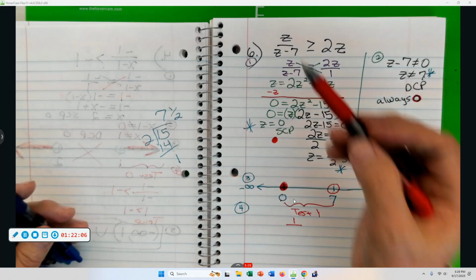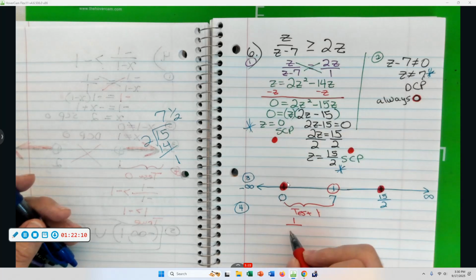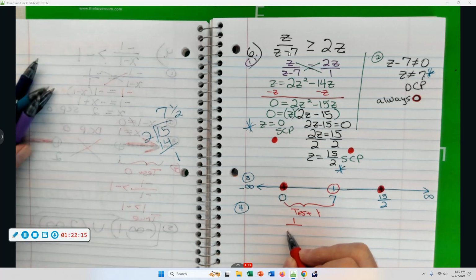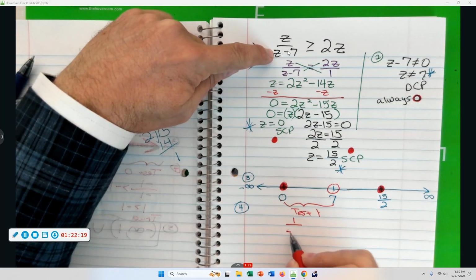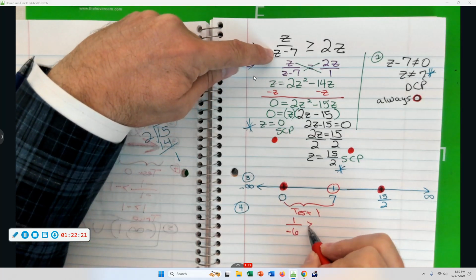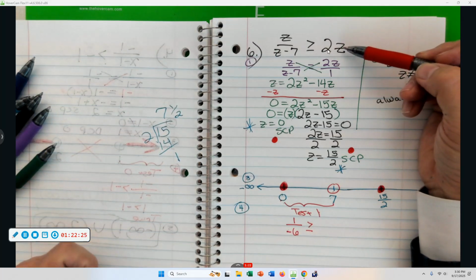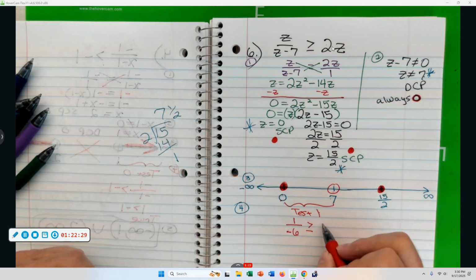Testing 1. We get 1 over 1 minus 7. What's that going to give me here? Plugging in a 1. -6 is greater than or equal to 2 times 1. Replace that z with the 1. 2 times 1 is?